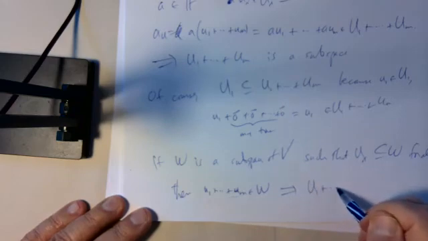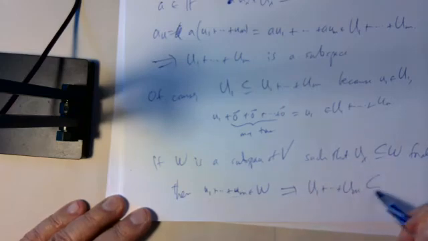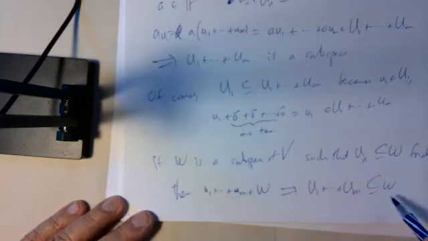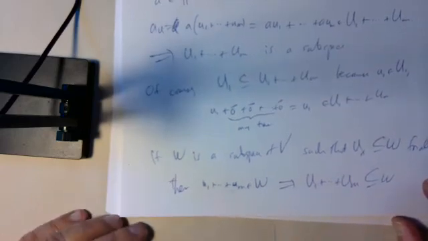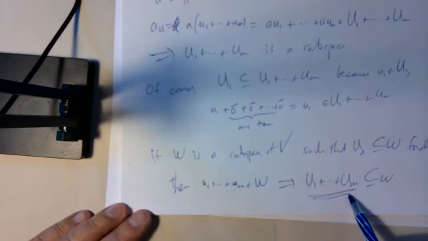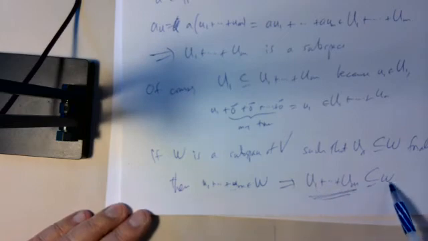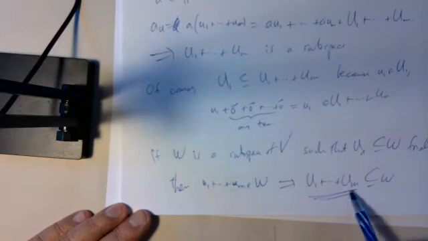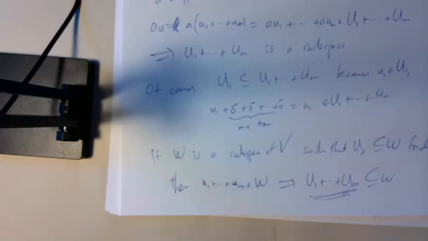So the subspace spanned by u1 up to u sub m is contained in W. So this subspace has the property that it contains each of these subspaces, and any subspace that contains each of the subspaces contains this. So this has to be the smallest subspace with this property.